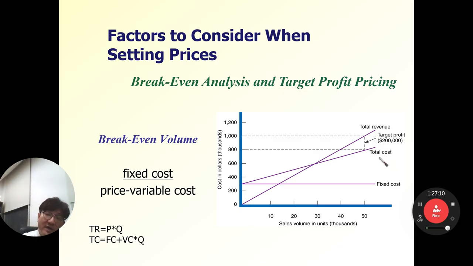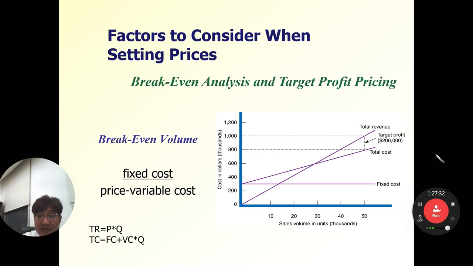In other words, when we say the target profit is 200, it means that the revenue minus cost is 200. If you add the target profit to the cost, it is going to be equal to the total revenue. This graph means that, right?